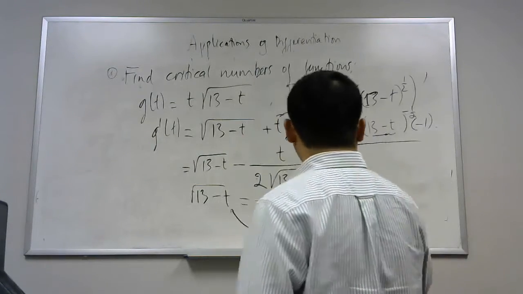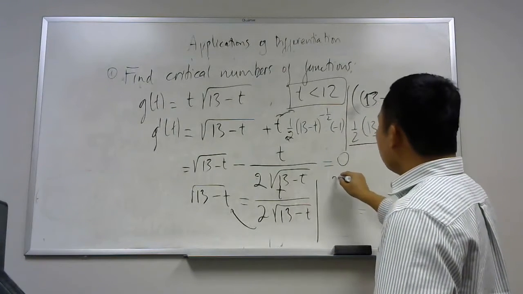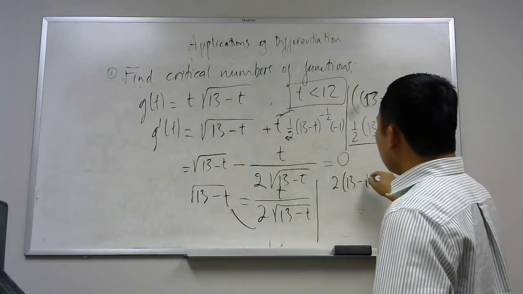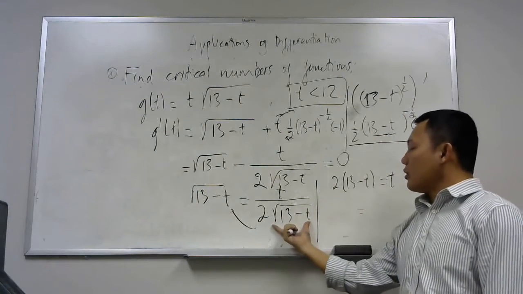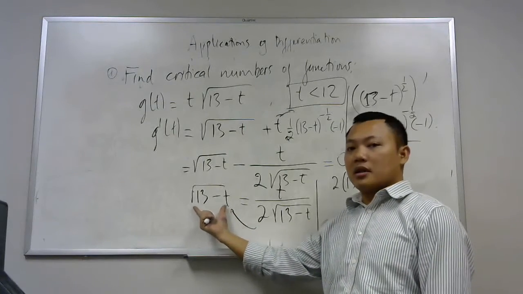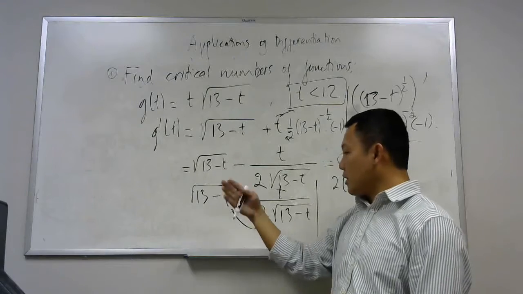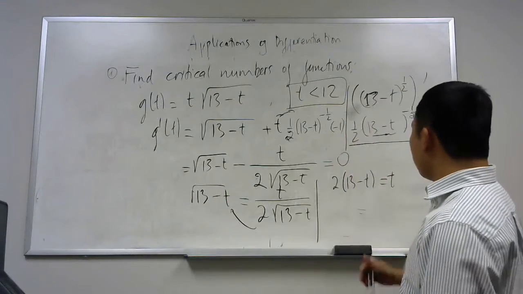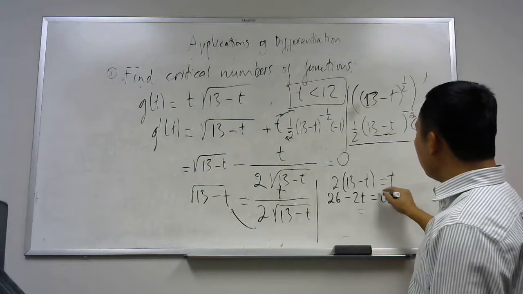I have 2 times 13 minus t equal to t. You see why? Because here is the square root of 13 minus t, and when we multiply them, we get just the square of the square root. That will be simplified. So I have this equal to t, and that means 26 minus 2t equal to t.